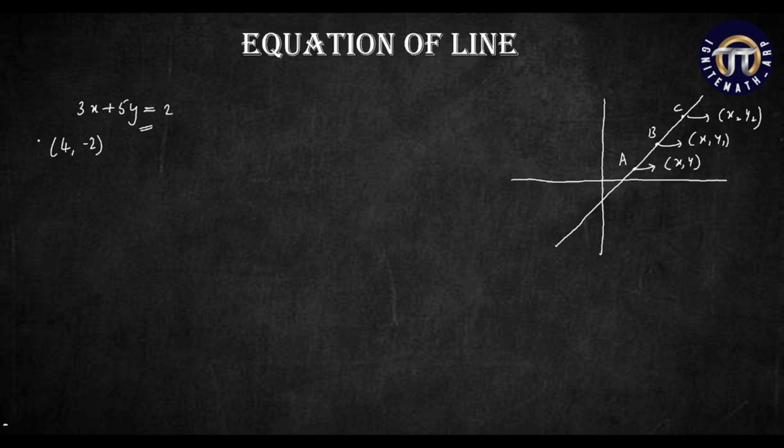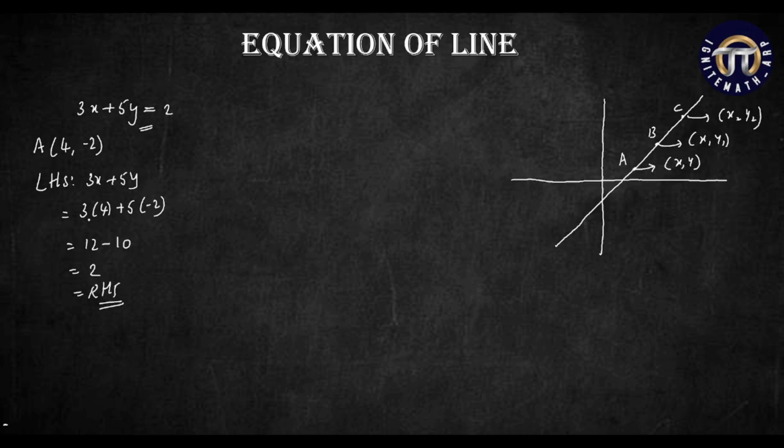Clear, children? So I'll just call this point as A, 4 comma minus 2. Whether it satisfies the equation or not, that's the example I'm taking. So now I will take the LHS of the equation, that is 3x plus 5y. 3 into 4 plus 5 into minus 2, then I would get 12 minus 10, that is equal to 2, that is equal to RHS.